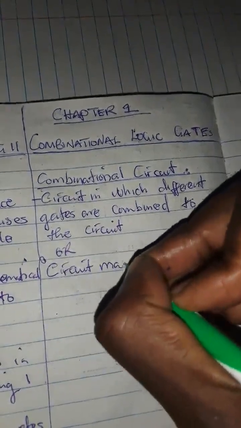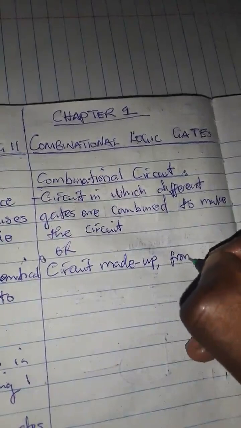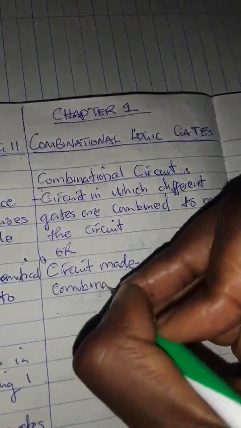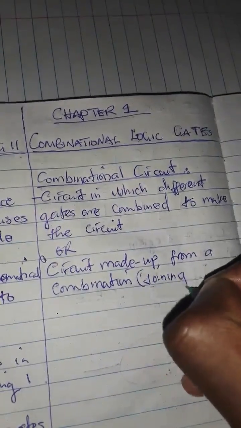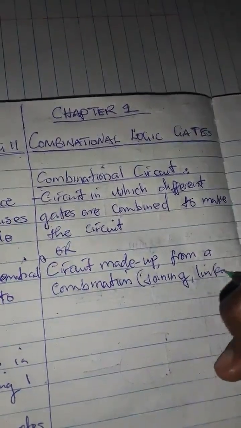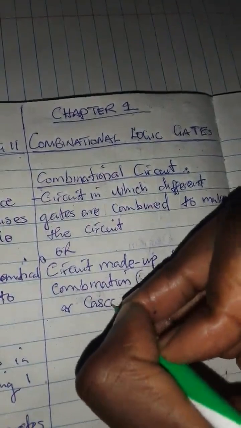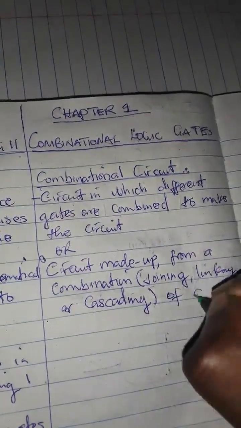A circuit made up from a combination, or if you want, from the joining, linking, or cascading of different gates.